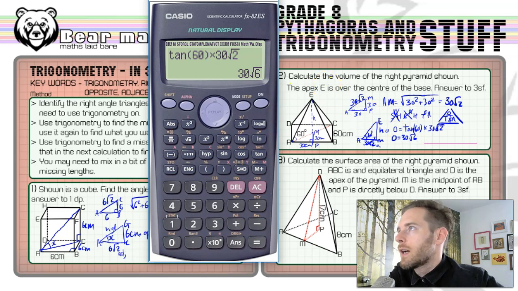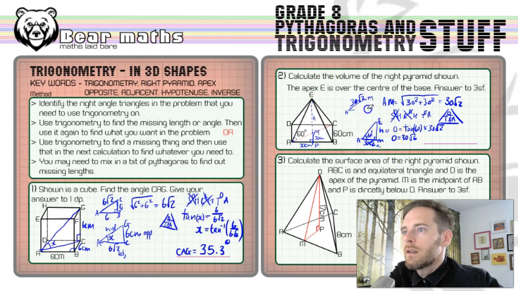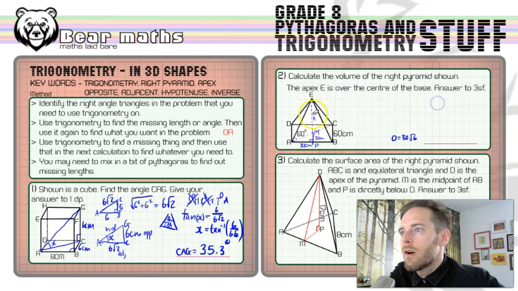I'm going to rub the rest of that out, because we're going to start just the calculation for the volume now. So there we go. We got to that point with 30 root 6, and that is our value of O, the opposite side, or H, as we labelled it there. Let's call it H equals 30 root 6. And then I can get rid of that bit as well.